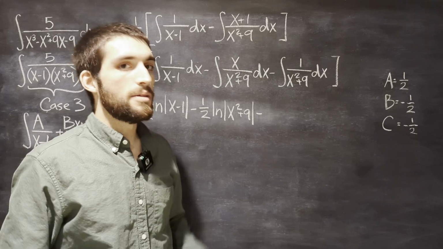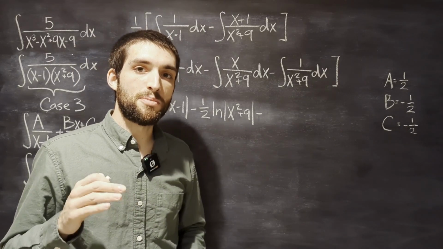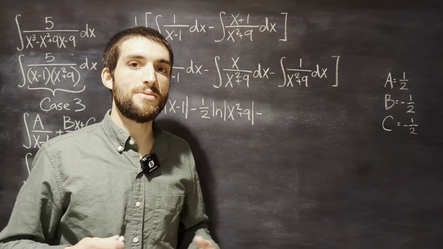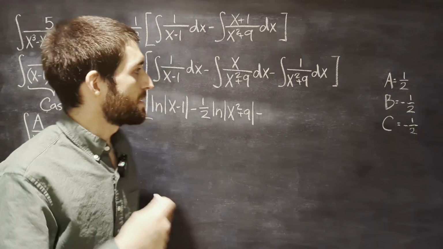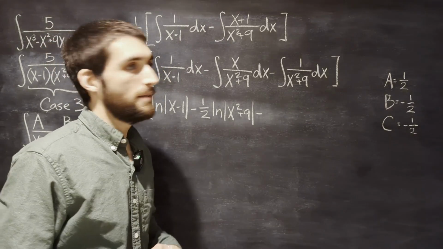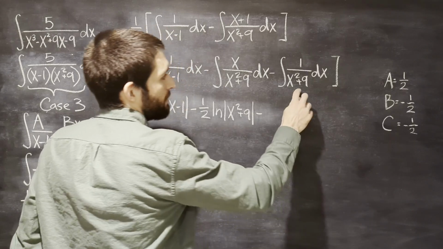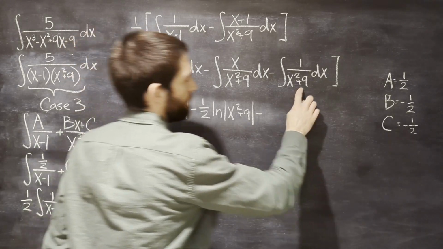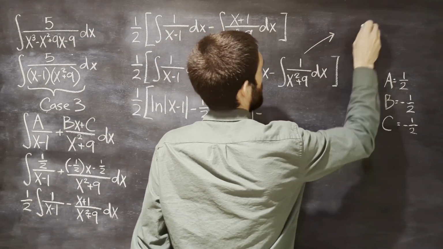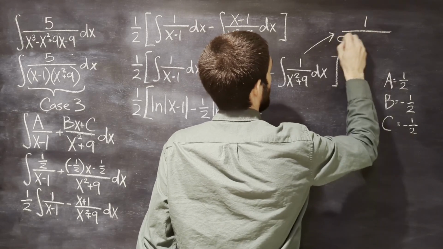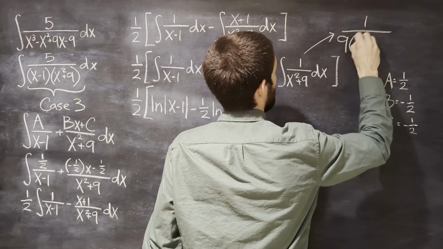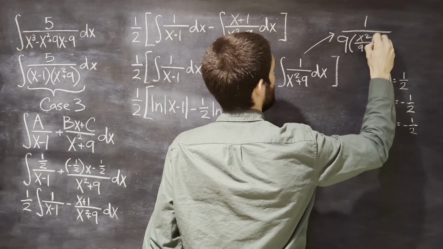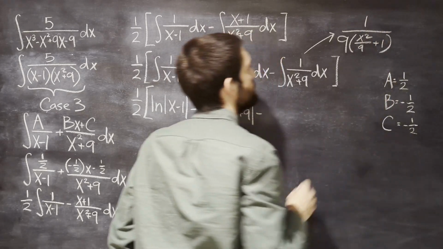This third integral can be a bit challenging, but through some algebraic manipulation, we actually can use a u substitution. To give you a few clues on how to get started, try first factoring a 9 out of this denominator. Your new integrand will be 1 divided by 9 times x squared divided by 9 plus 1.